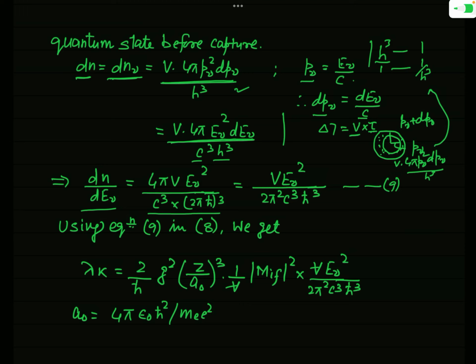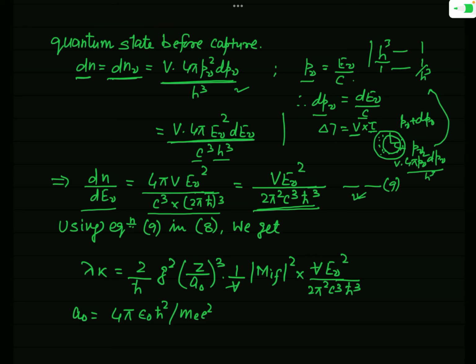And so dN by dE nu is simply equal to V times E nu square over 2 pi square c cube times h bar cube. In this way we have calculated this statistical factor, that is the number of quantum states per unit energy range for the neutrino, or the density of states of the neutrino.